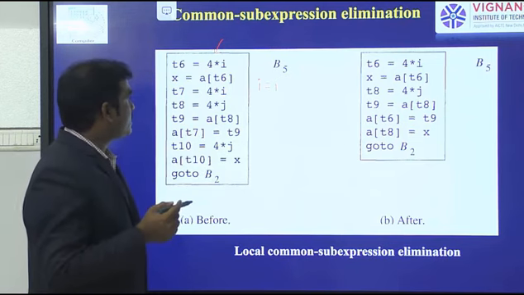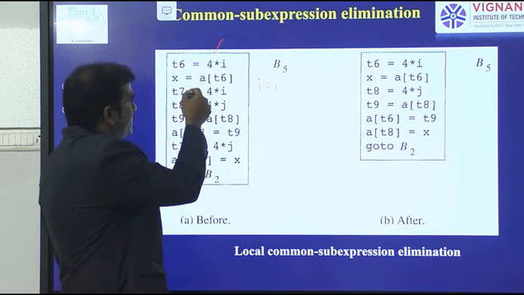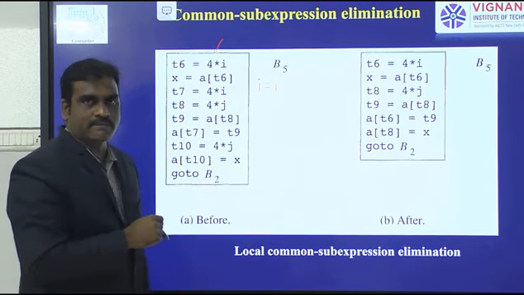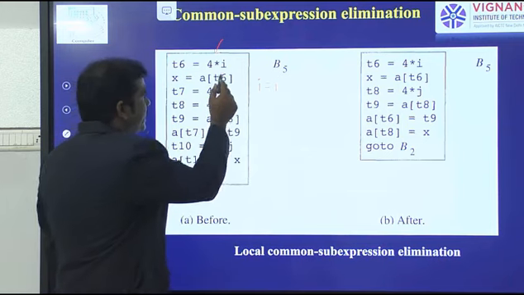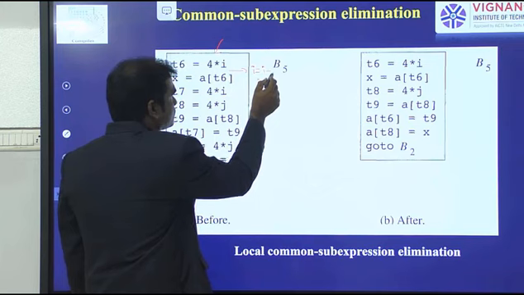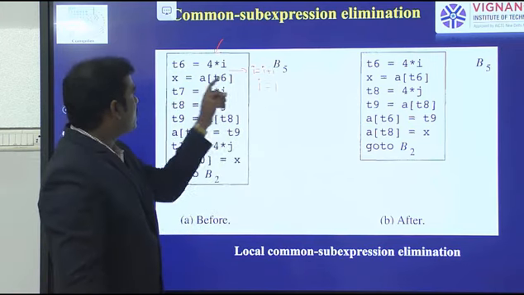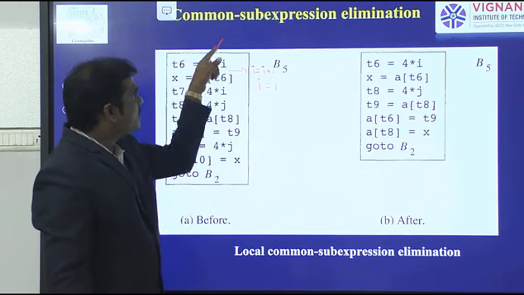Suppose, for example, if you take after T6, the statement is like this: I equal to I plus 1. So in this case, what is the T6 value?